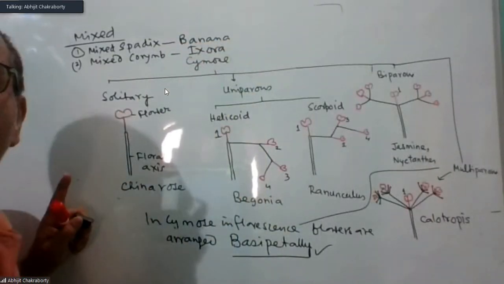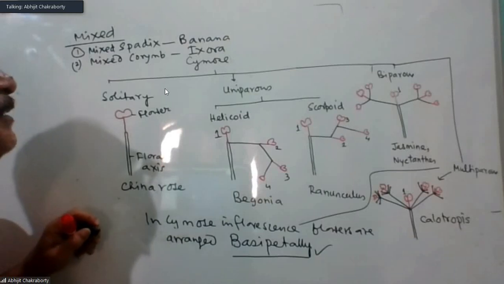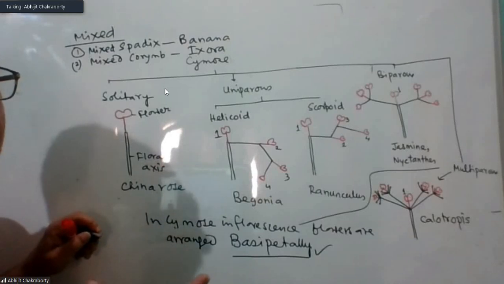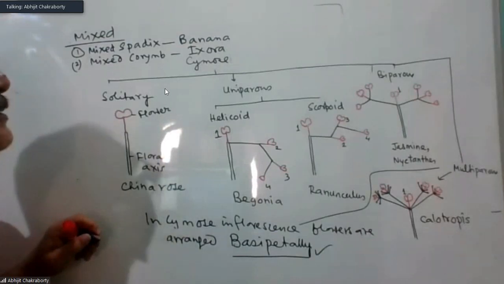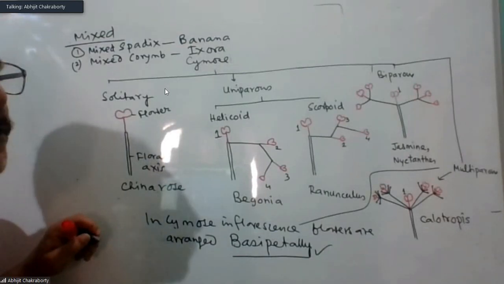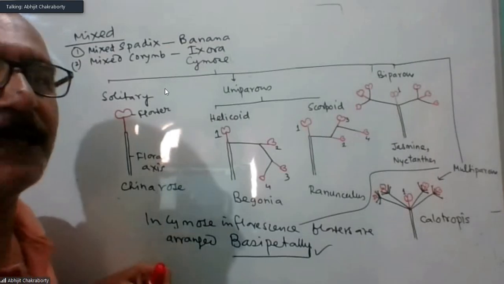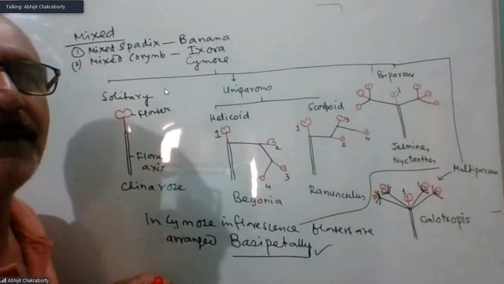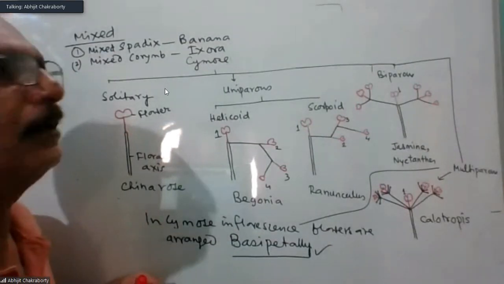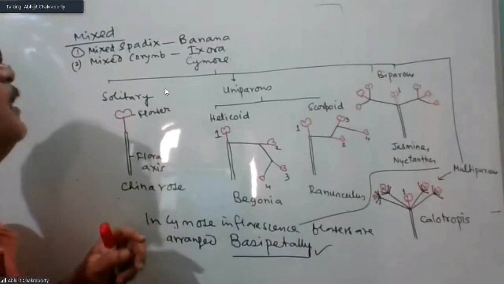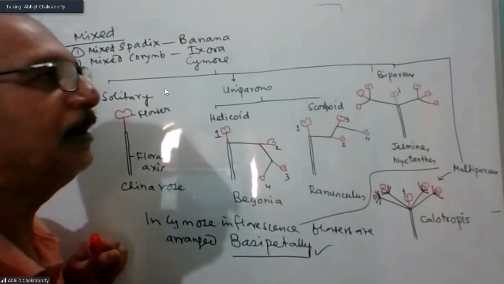Just remember this. Here there is a mixture of cymose and racemose. In case of banana, you see it is racemose. In ixora also, although flowers are showing cymose pattern, they are found at the same level. Have you ever seen the ixora? This is about the mixed spadix and mixed corymb.